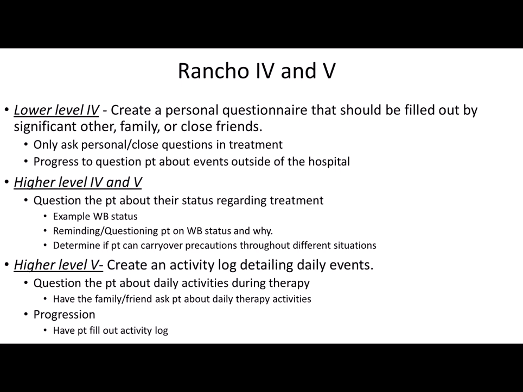So as the patient is performing therapy with you, it would be a good idea to just have them tell you what they've done so you can keep a record of it. And then at the end of the session, you can explain what the activity log is and what you're writing down, and then have a family member or a friend review this at the end of the day with the patient to help them remember what they did.